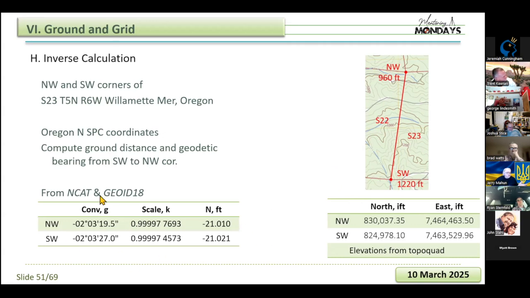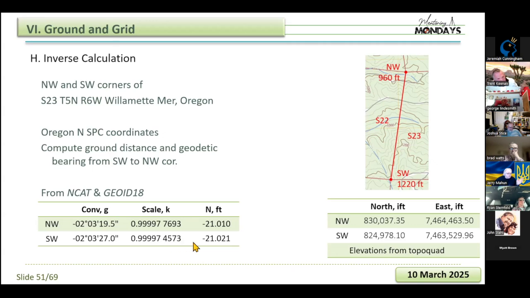Okay? So I run it through NCAT to get the information that I need. In this case, because it's a little bit along the line, I'm going to go with convergence at both ends. You see that my convergence, this is pretty close to a north-south line, doesn't change very much between those 2 points because convergence is a function of east-west. My scale factor, however, does change out in this area.